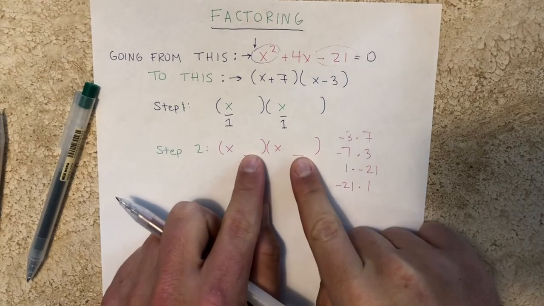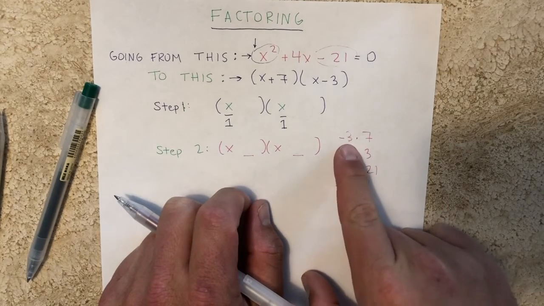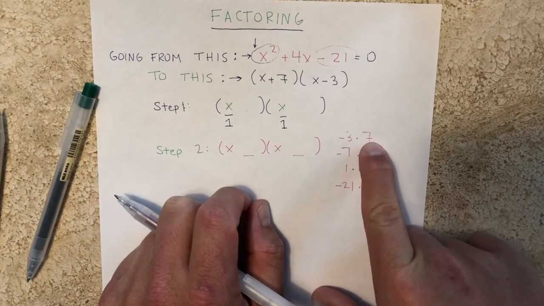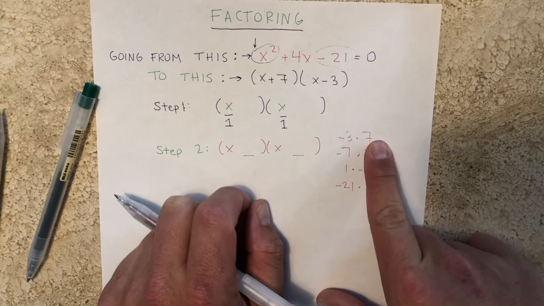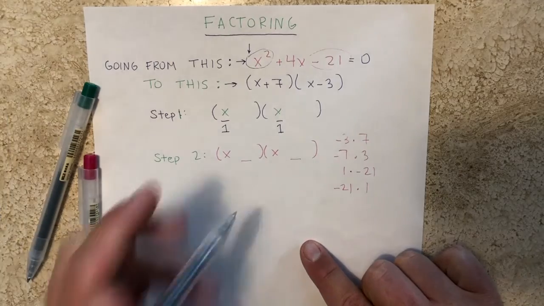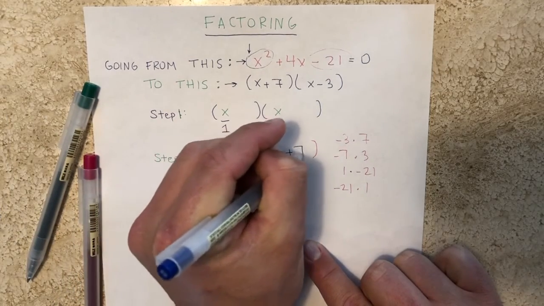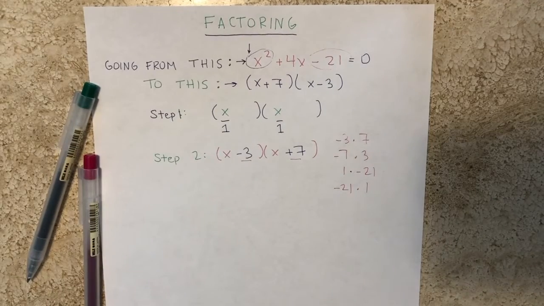So 2 spots here. Let's try -3 and 7, because 3 times 7 is 21, but -3 times 7 is -21. So let's put that here. Let's use another color. -3 and then +7, all right?